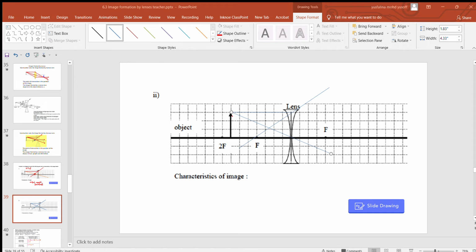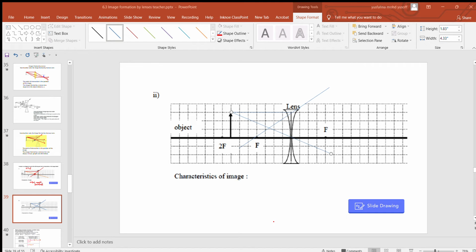You can see the characteristic is still the same. It's still diminished, still smaller than the object. It's still virtual, and still upright.